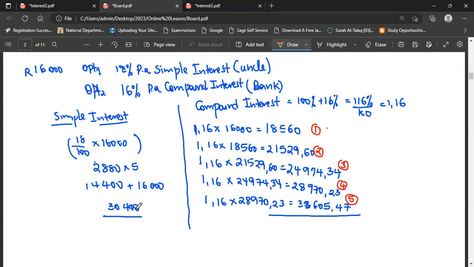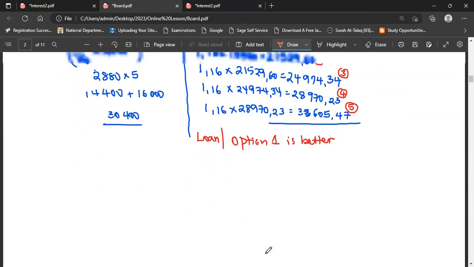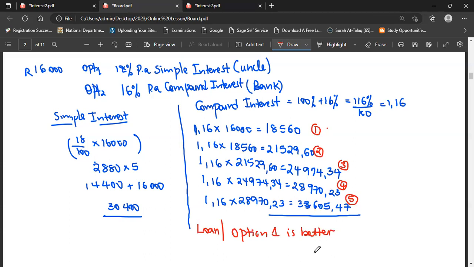Simple interest, you would have to pay back this much. So since it's a loan, option 1 is better. Option 1 is better. Thank you very much. See you when we see each other. Bye-bye.